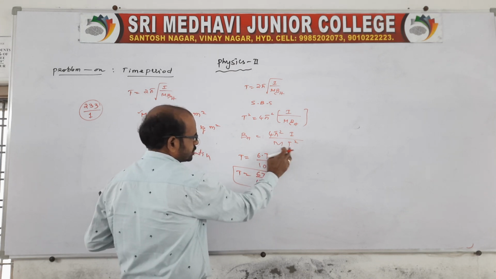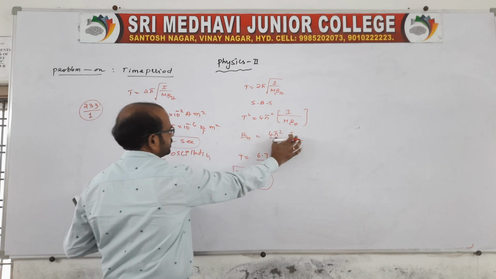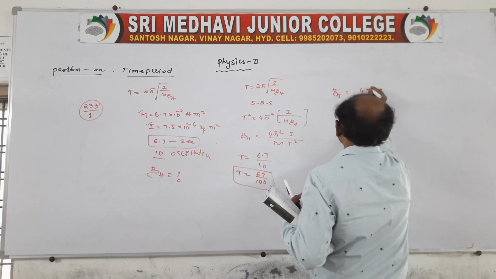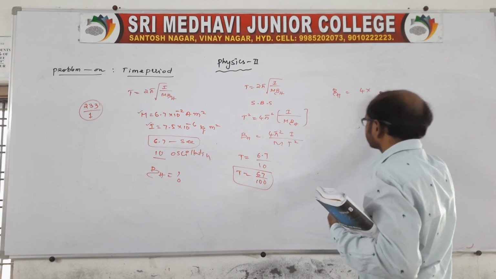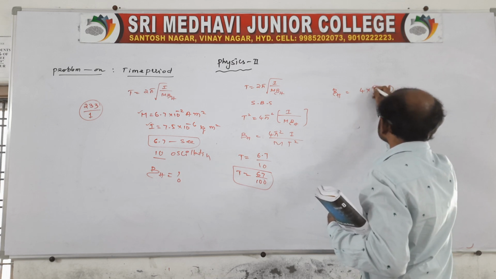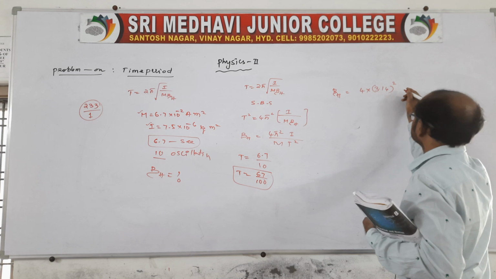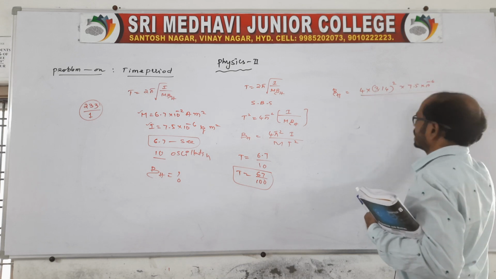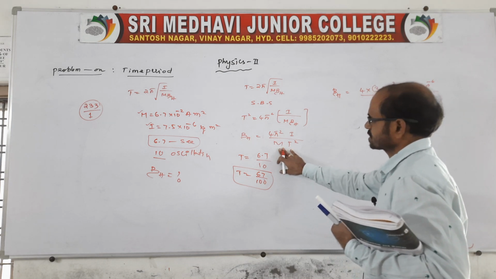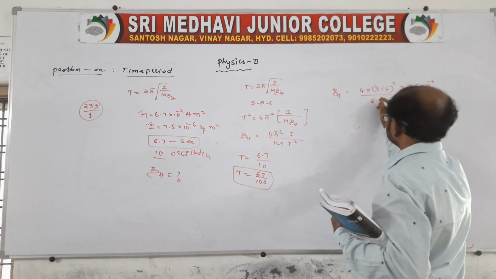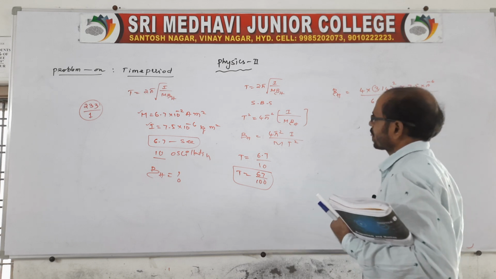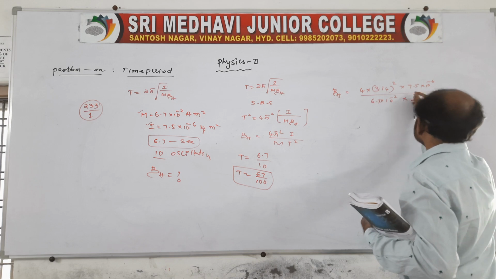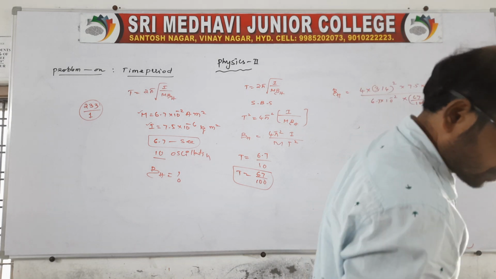Now we know T, M and I. Substituting, B_H = 4 × π² (3.14 squared) × 7.5 × 10^-6 divided by 6.7 × 10^-2 × (67/100) whole squared.